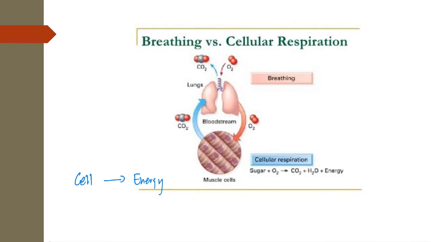However, when they need energy, they have to perform respiration. For performing respiration, you need two reactants: the oxygen, which is in the air, and glucose, which is in the food.